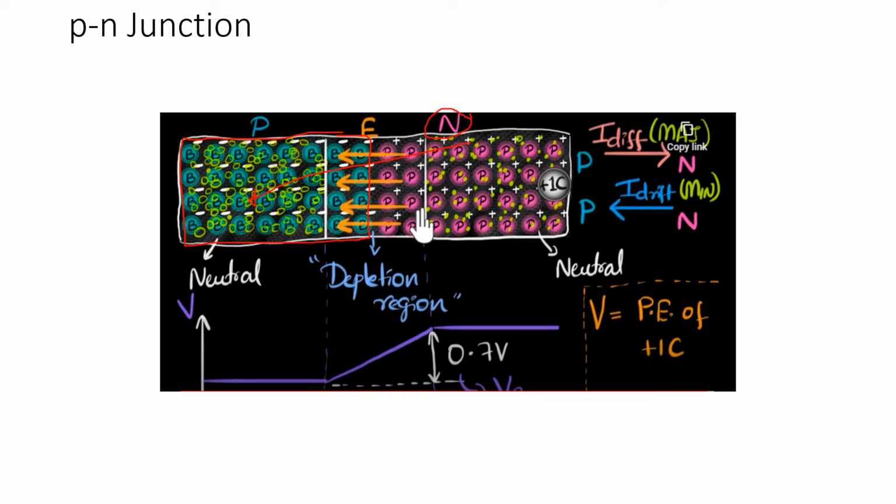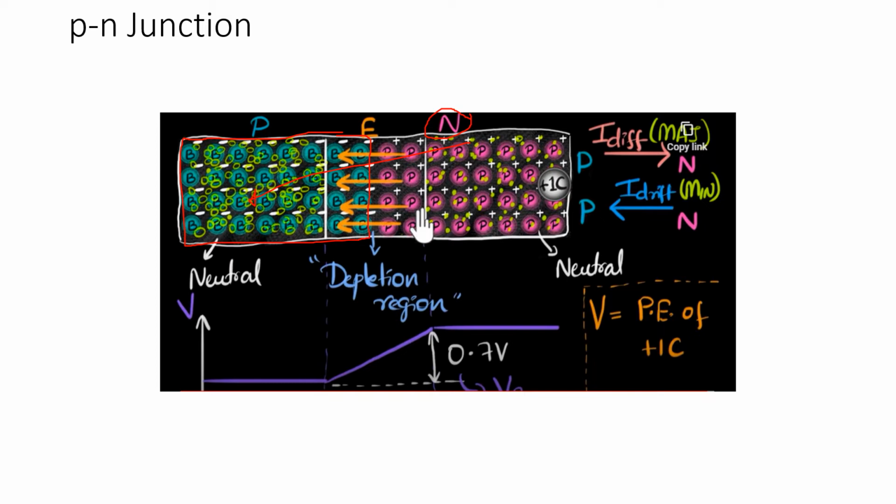When a sufficient number of holes have moved towards the n side, and electrons have moved towards the p side because of their charge differences, because electrons are negatively charged, holes are positively charged, this remains positive here and negative here. A region in the balance condition, called the depletion region, is formed. Due to this depletion charge, there is a positive on the right side and negative on the left side.